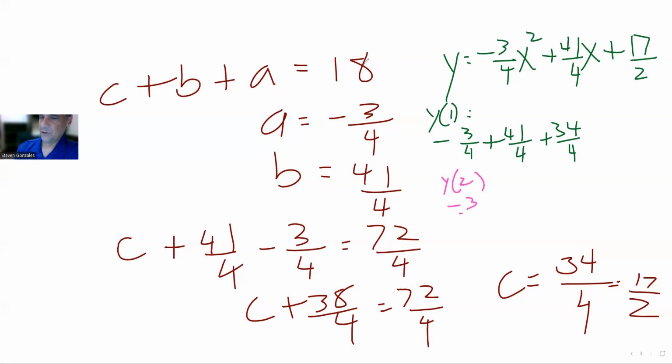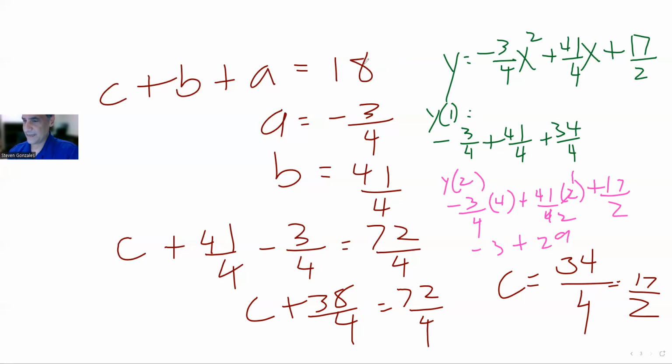Now it's going to be negative 3/4 times 4, 41/4 times 2, and 17/2. That would lead to negative 3 and 58/2, which is 29. That's 26. I'm willing to bet serious money the third one's also correct. Y of 6. But okay, yeah, you're going to want me to check. So let me check.